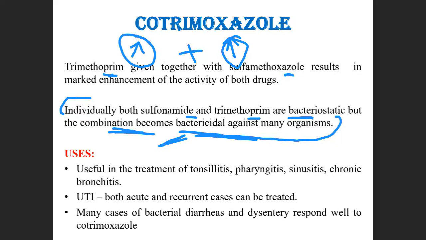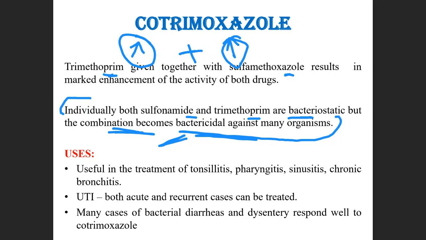So what will you do? You will prescribe him Panadol Extra, or you will ask the patient to take a paracetamol tablet with a coffee or tea. Why? Because the effect of paracetamol can be increased in the presence of caffeine. It will work much faster. So that's why Panadol Extra is a combination of paracetamol and caffeine, or else a normal paracetamol tablet with a cup of tea or coffee.